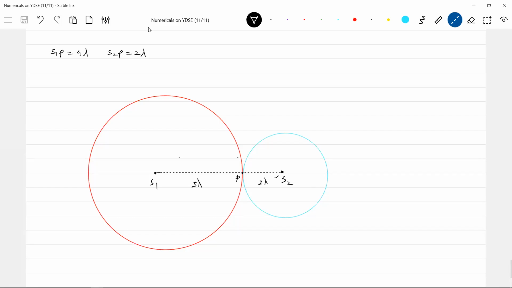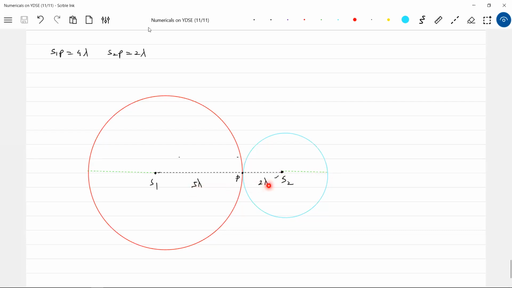Okay, let me start. What is the path difference of the rays arriving here? At this particular point, this ray will cover 2 lambda. What about the other ray?